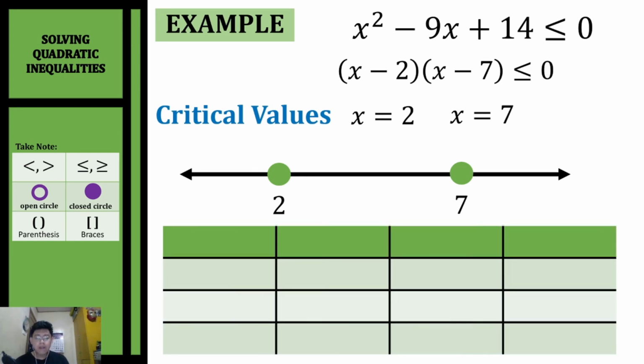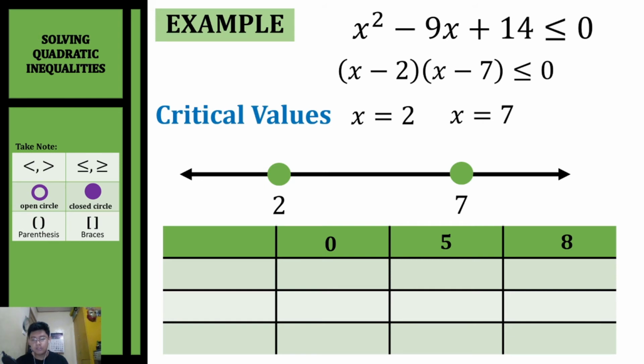Now, let's prepare our table of signs and assign a representative for each region. So, from 2 to negative infinity, let's assign 0 as our representative. From 2 to 7, let's use 5 as our representative. And from 7 to positive infinity, let's say 8 will be a good number to use.